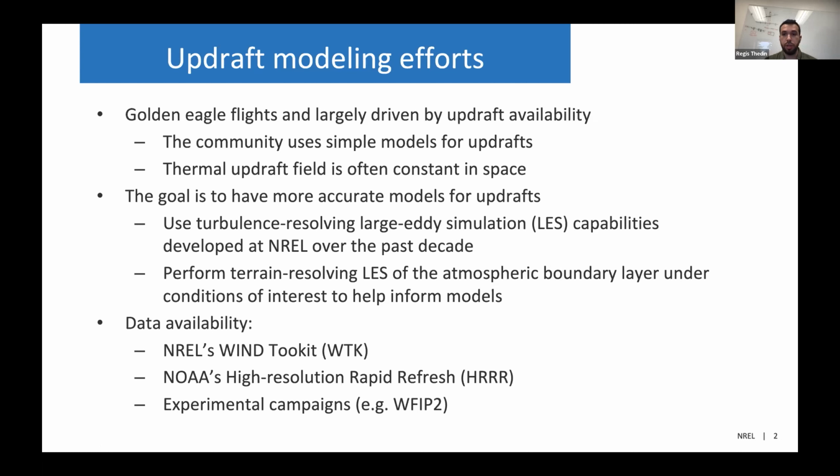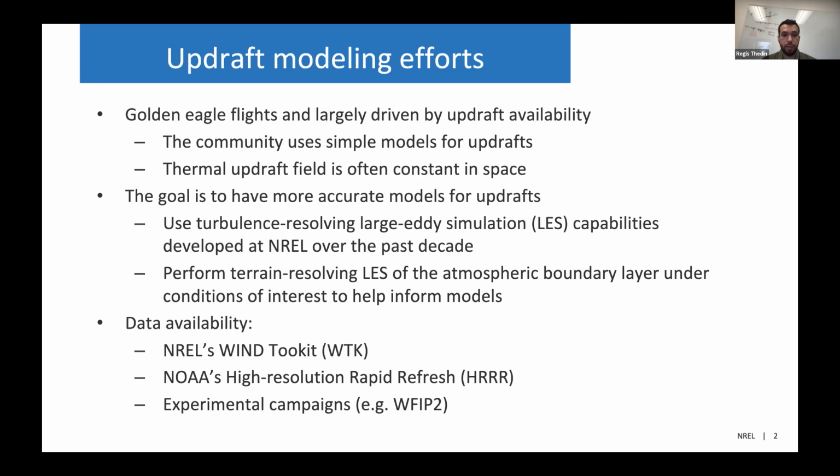So our goal here at NREL is to really leverage all these years of microscale modeling capabilities that we developed. We use turbulence resolving, very high fidelity large eddy simulations of the atmospheric boundary layer, of certain conditions of interest at the site of interest, to help inform these models.